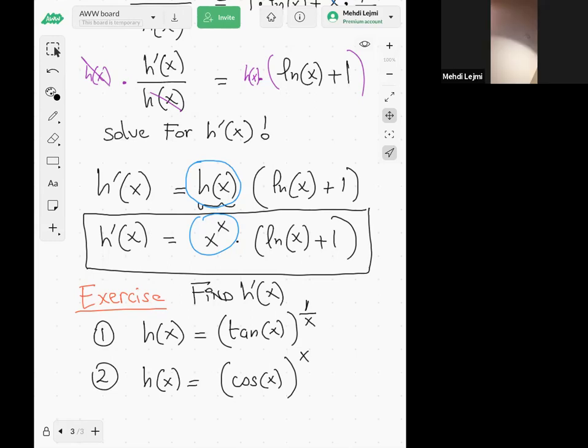You want me to write it down? Yeah, if you can write it down. I'm not sure, I don't think it's going to be the correct answer, but if you can write it down, that would be helpful.